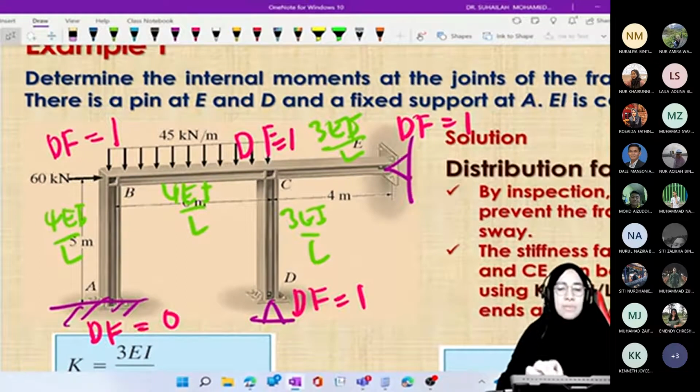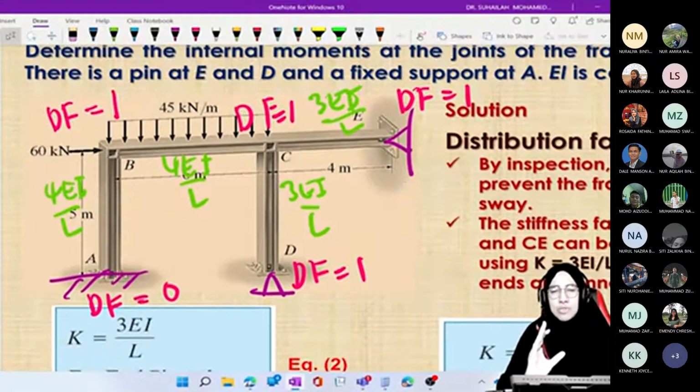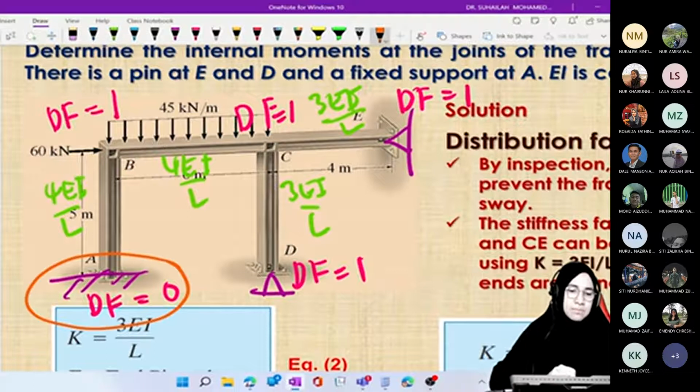So we can conclude that the distribution factor must equal 1 at each joint, except the fixed end, because at a fixed end we divide by infinity. That is why we get 0. The rest we get 1. But the distribution factor for B must combine BA and BC, and for C must combine CB, CD, and CE. Total must be 1.